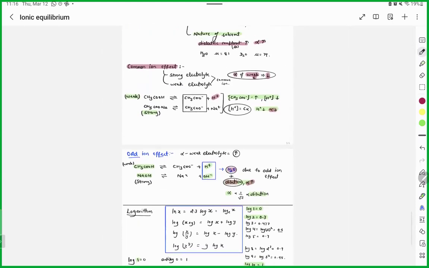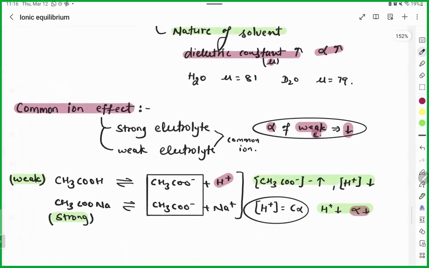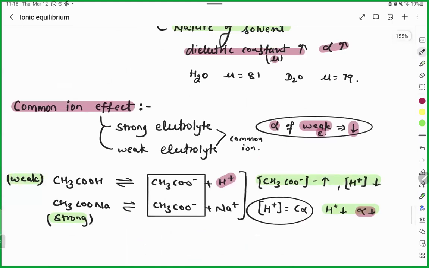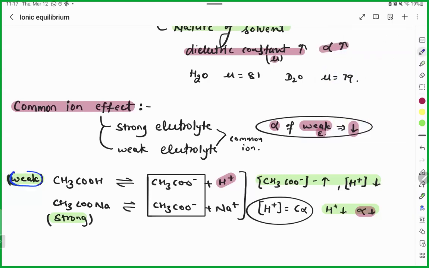Yes, absolutely. Pratigya, in common ion effect, the first criterion is that we have a strong electrolyte and a weak electrolyte. Second, in common ion effect, one ion should be common. Example, CH3COOH is a weak electrolyte, and there will be one strong electrolyte in its ionic form.